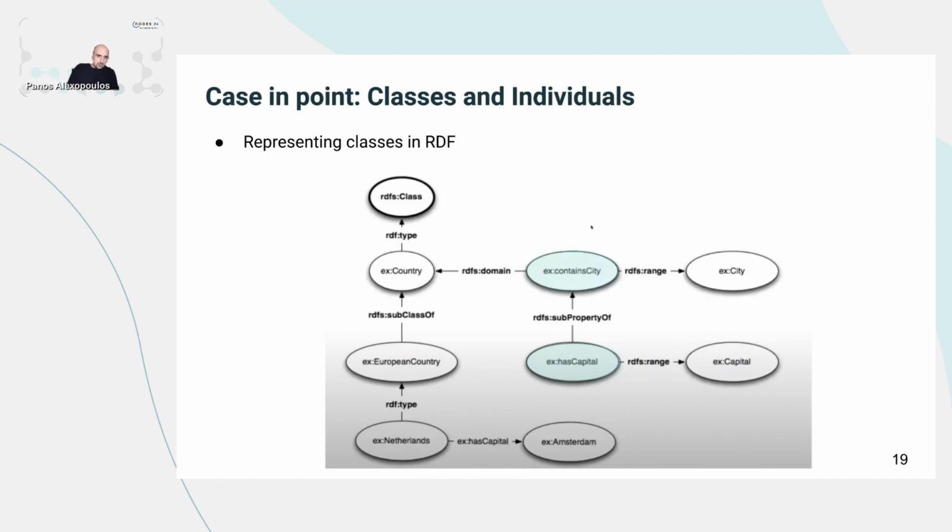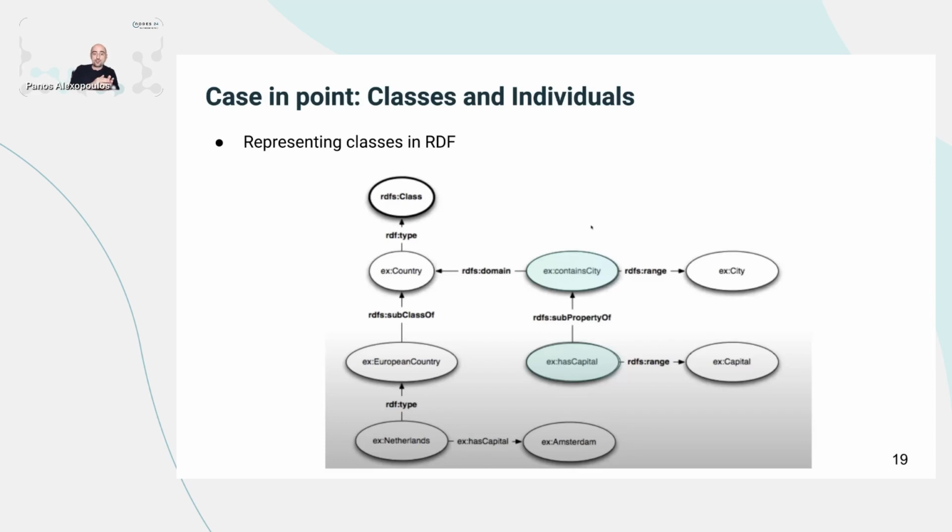As I said, representing classes in RDF is done through predefined elements. We have a particular node called rdfs:Class, and for every class that we define, all we need to do is say its rdf:type is Class, and that's it. Then we can define instances of that class through the rdf:type relation.